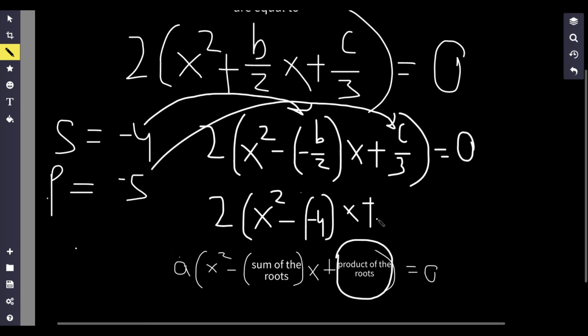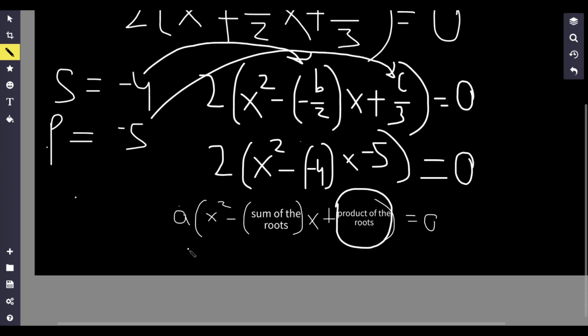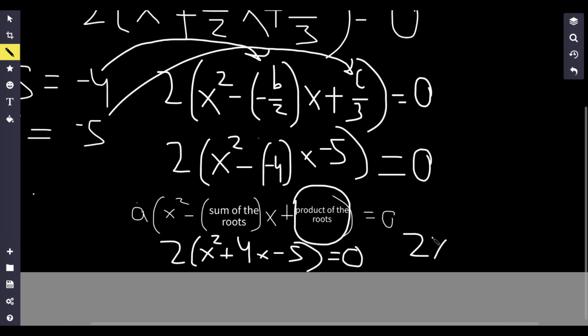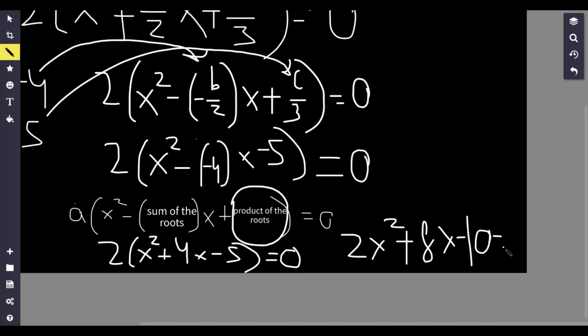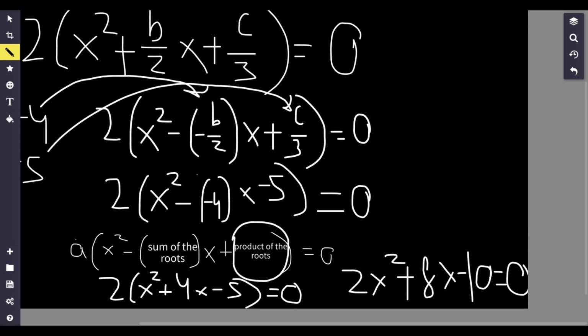So plus negative 5, or just minus 5, is equal to 0. We have 2 times x squared, negative makes positive, 4x minus 5 is equal to 0. And then finally, 2x squared plus 8x minus 10 is equal to 0. And there we have it.